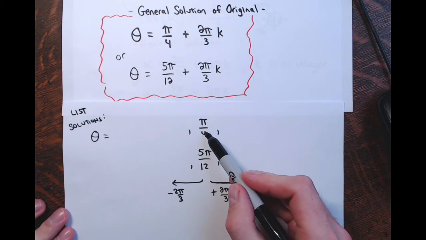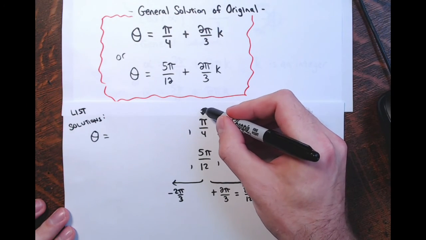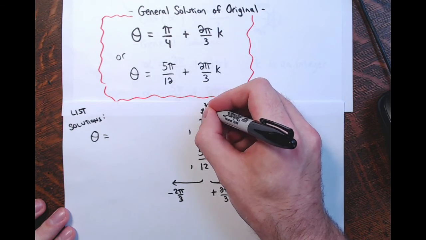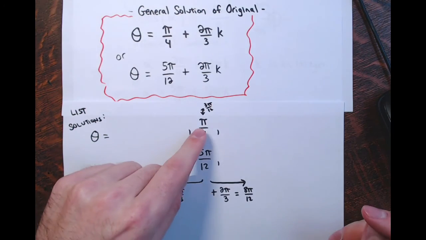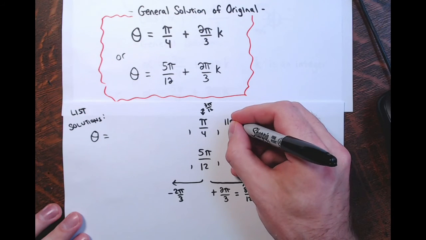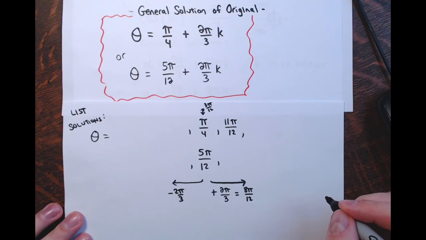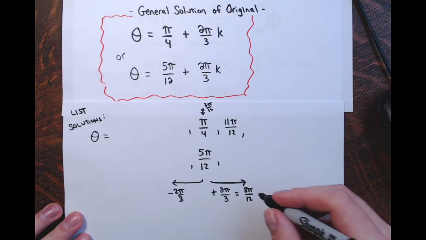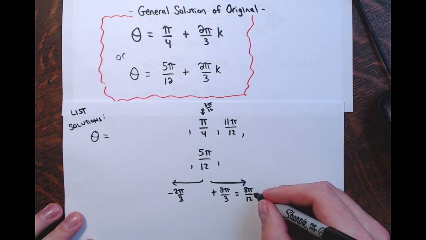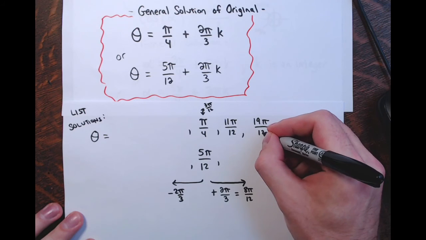Now, pi over 4, if I get a common denominator, is the same as 3 pi over 12. And then I'm just going to keep adding and subtracting 8 pi over 12. So 11 pi over 12 would be another solution. And then adding another 2 pi over 3, another 8 pi over 12, that would be 19 pi over 12. That would be another solution.